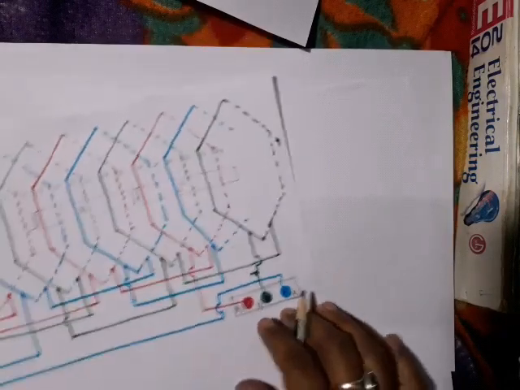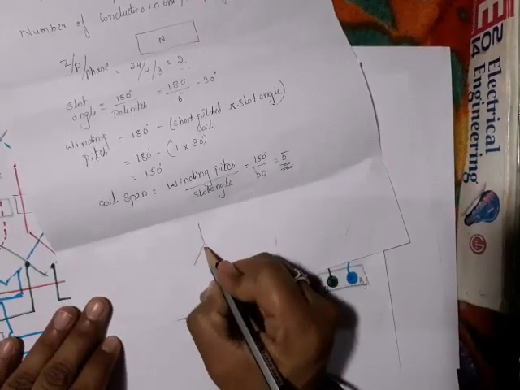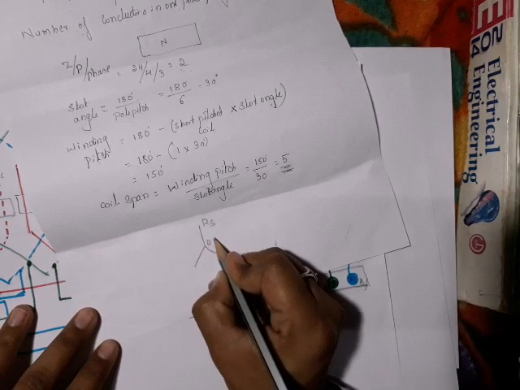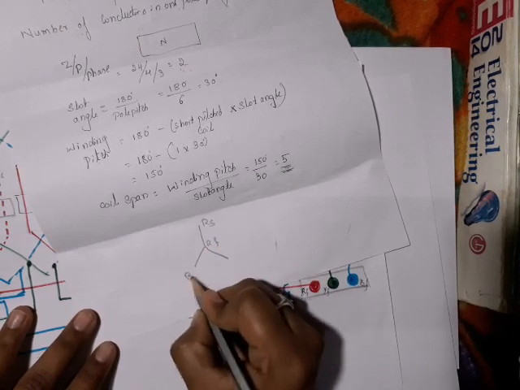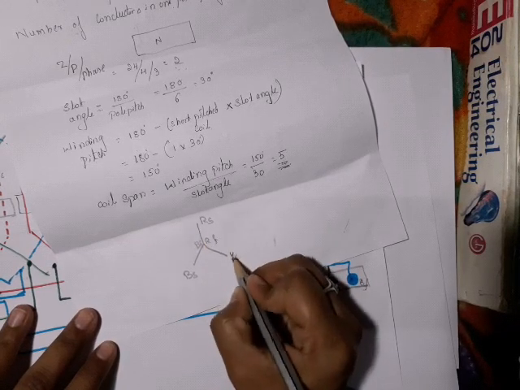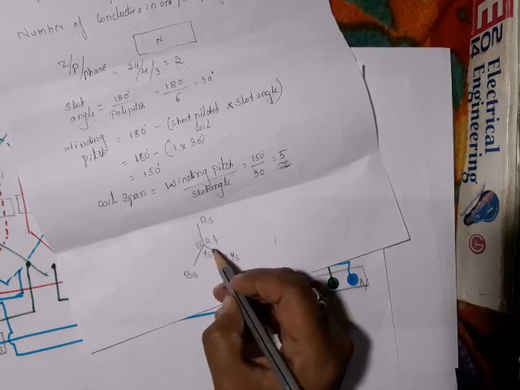It's an end-to-end connection. To help you understand better, I'll write the star connection here. So this is RS, this is RF, this is BS, this is BF, this is YS, this is YF. See what happens to BF, RF and YF?